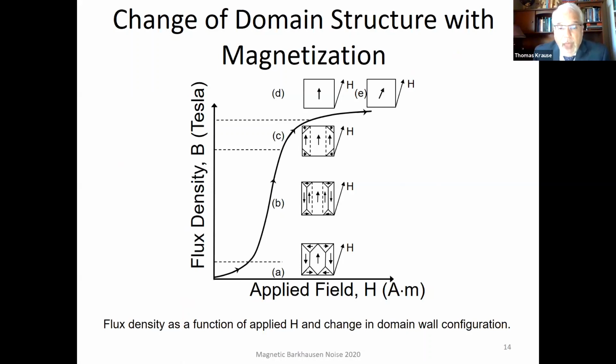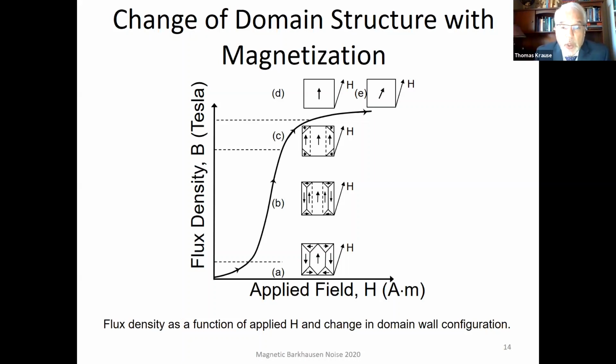I should mention that most of the Barkhausen noise, or the biggest signal, is going to come from the 180-degree domain wall motion, because it results in the largest magnetization change. 90-degree domain walls can also contribute, but they're going to make a smaller contribution. The 180-degree domain walls effectively have more energy, and so they're also the first to move.